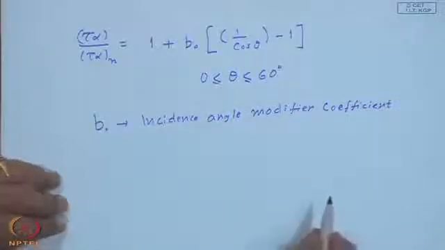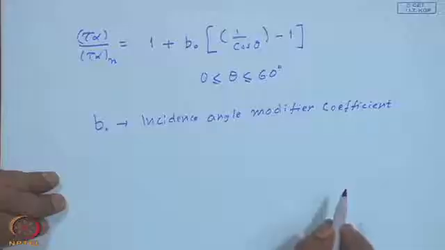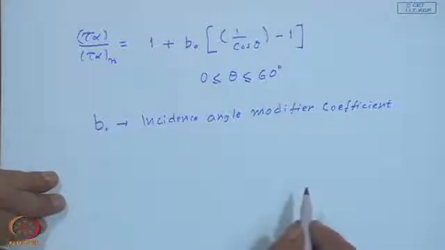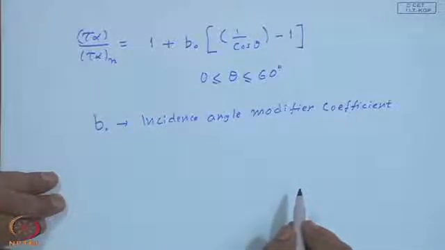In other words, this modifies the transmittance absorptance product from the value at normal incidence in a certain fashion.